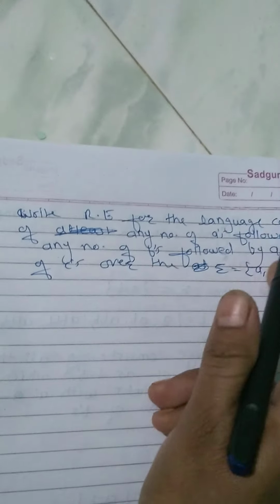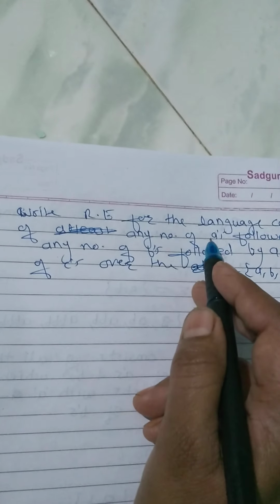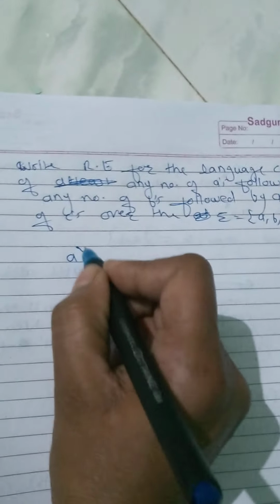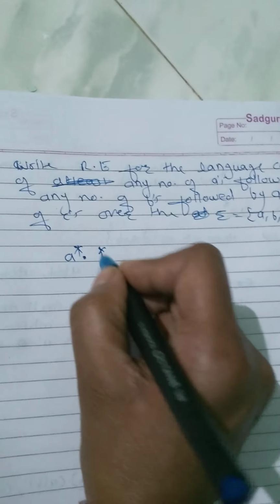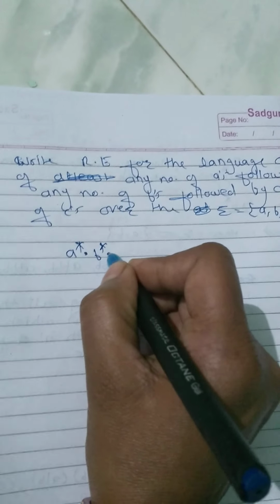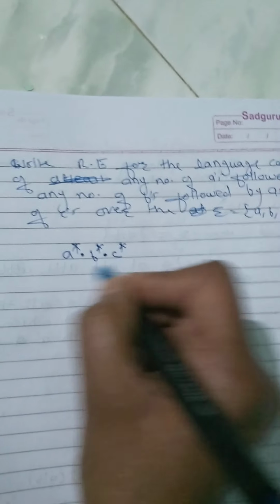Any number of A's means A star, followed by dot, then any number of B's, then followed by any number of C's. So this is the regular expression.